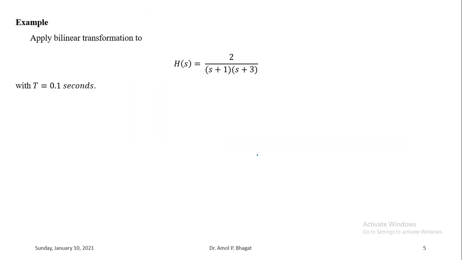Let's solve one more example. Here we have to apply bilinear transformation to get H of z from H of s, and capital T is 0.1 second, given. So I'll directly write that H of z can be obtained from H of s by substituting s equals 2 by T, z minus 1 upon z plus 1, in the equation.